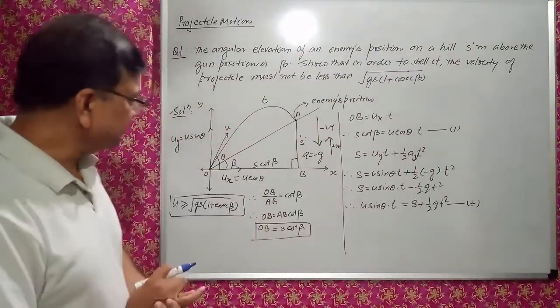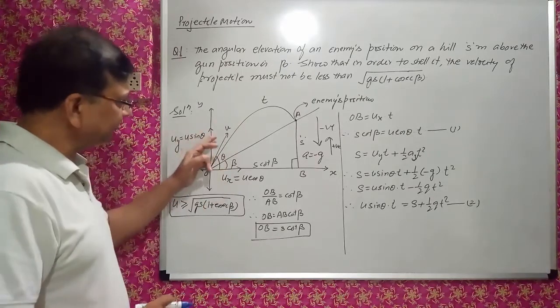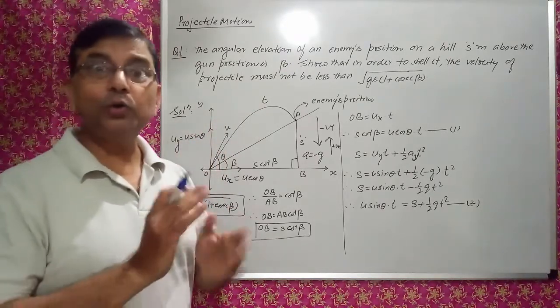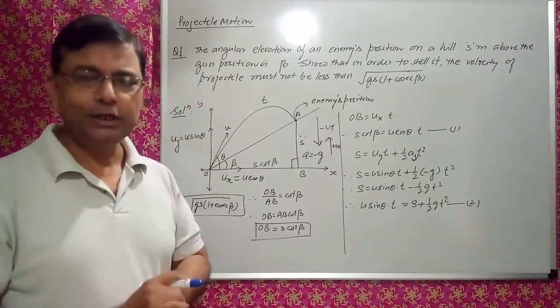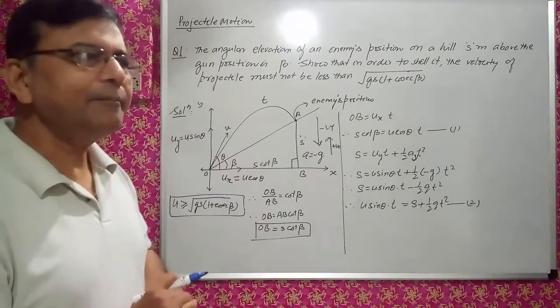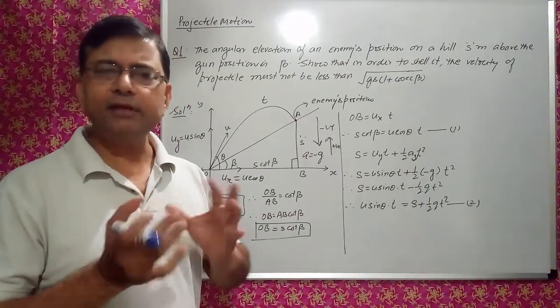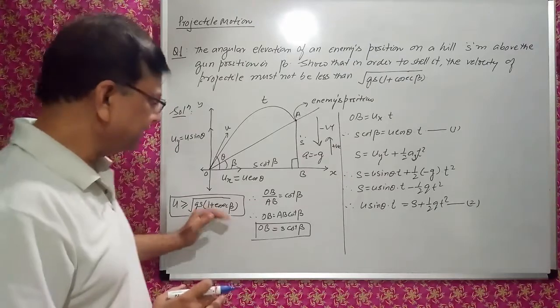One thing you see, we have to find u, theta and t. They are three unknown quantities. Even u is also an unknown quantity. So we will try to eliminate one unknown quantity and make equations in these two unknown quantities, and we will use certain conditions and then we will get the final result.